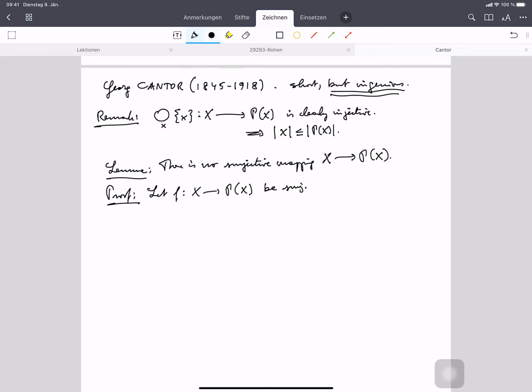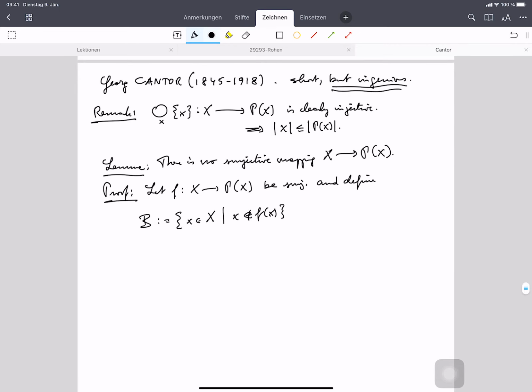We want, of course, to show that this leads to a contradiction, and define B as the set of all x in X such that x does not belong to f(x). Recall that f(x) is a subset of X because the mapping goes from X to the power set. This is a well-defined subset of X.